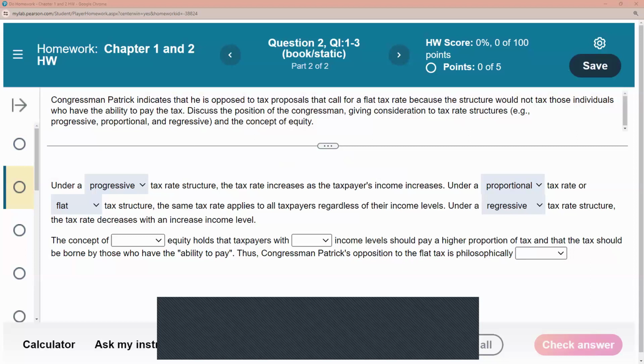And with vertical equity, that essentially holds that individuals that have higher income levels should pay a higher proportion of their income. So oftentimes there's a lot of conflict with policymakers because they feel as though taxes just are not fair.